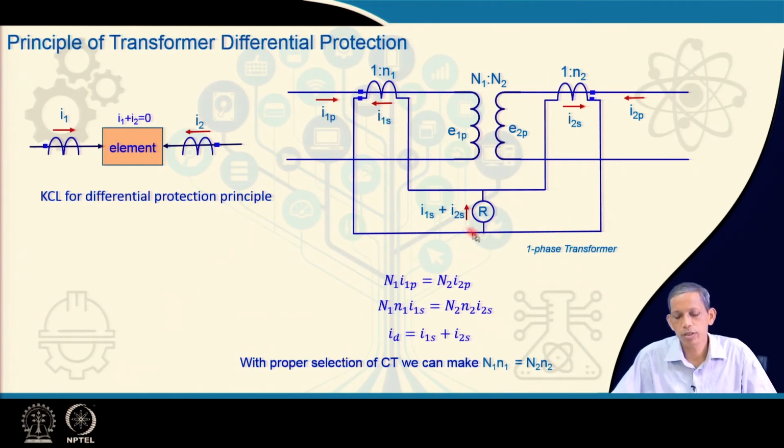So, these will be nothing but in this differential branch the corresponding current. Normally, suppose the transformer is feeding load to the right hand side, the current will flow from the primary to the secondary, to the N2 side, and then load current will be accordingly.